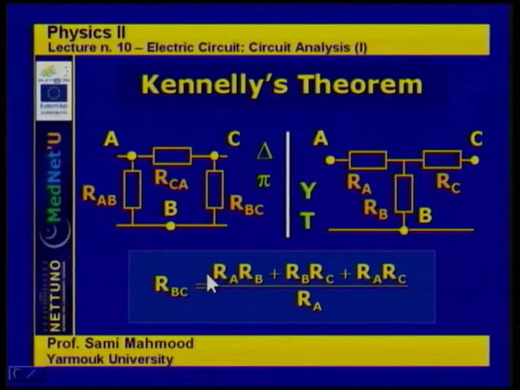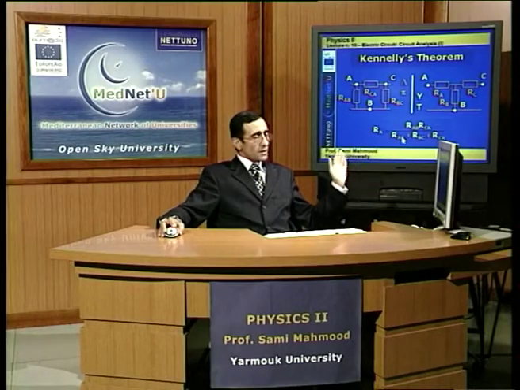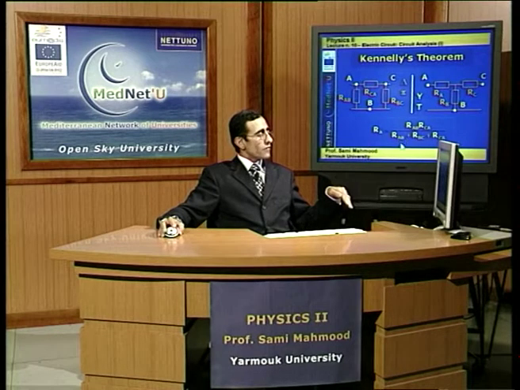RBC is exactly the same expression on top, RA RB, RB RC, RA RC, but divided by RA. And similarly, RAC is equal to the same sum, RA RB, RB RC, RA RC, but divided by RB. This is the relation between the original resistors and the equivalent resistance.